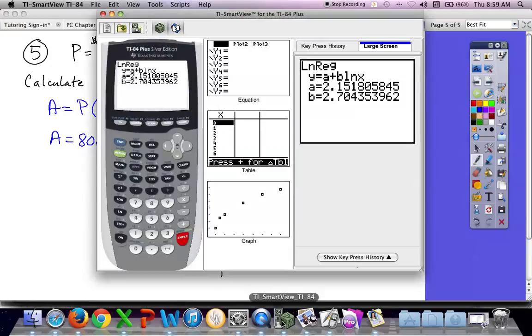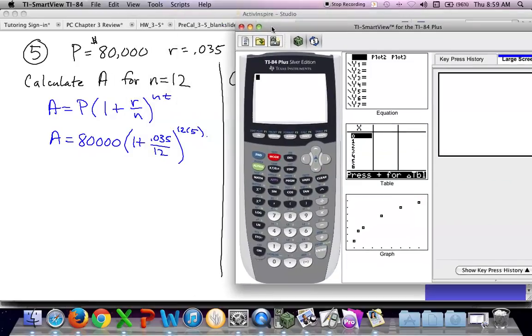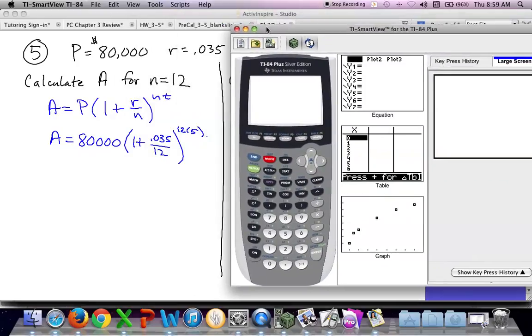So just to show how we would have put it in the calculator to make sure that it's right, you don't even have to simplify this 1 plus 0.035 over 12. You don't need to do that. You could put it in the calculator just as it looks right there with one possible exception. 80,000 parentheses 1 plus 0.035 divided by 12, and raised to the power, meaning the hat key right there.